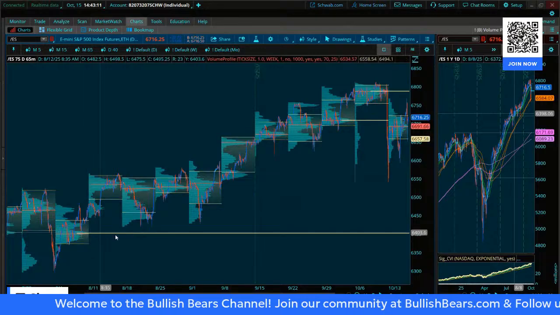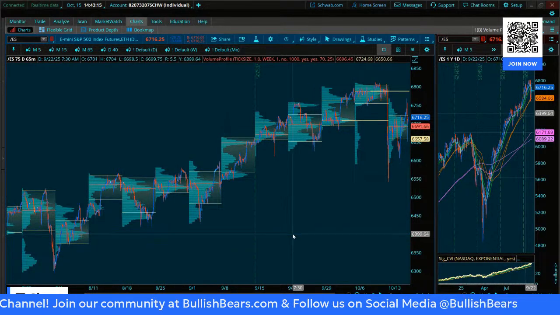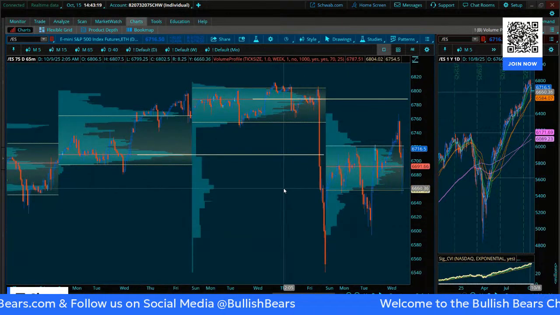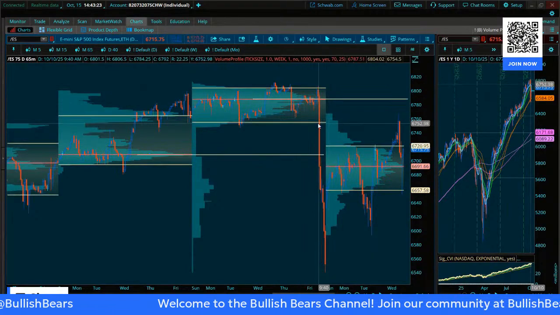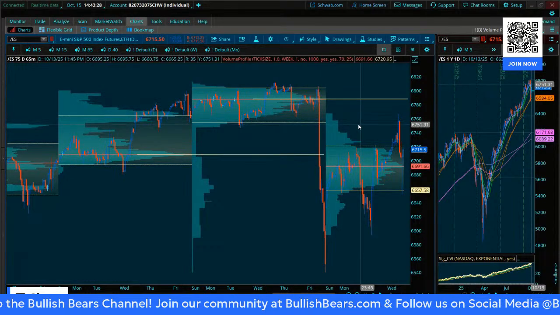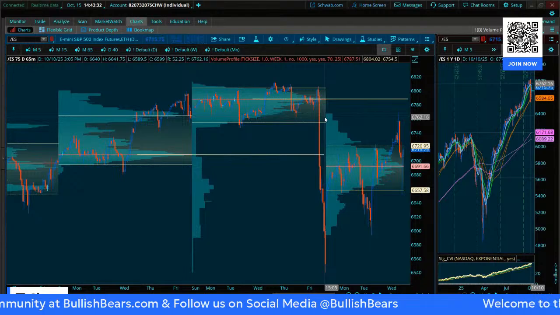So you can carry forward these points of control every day. In fact, the textbooks will tell you to carry them forward no matter if they've been touched or not every day. So the value area high, the value area low, and the point of control from yesterday, you should carry it forward into today's trading according to the textbooks.